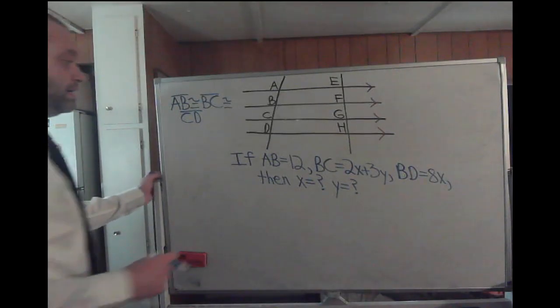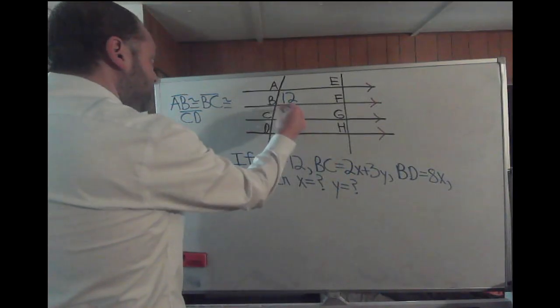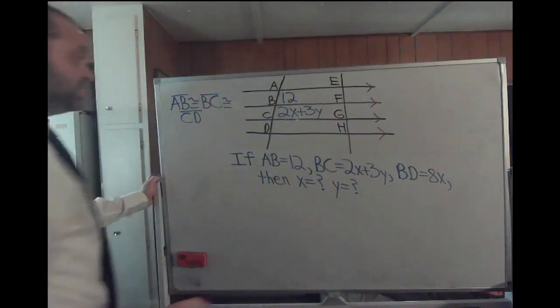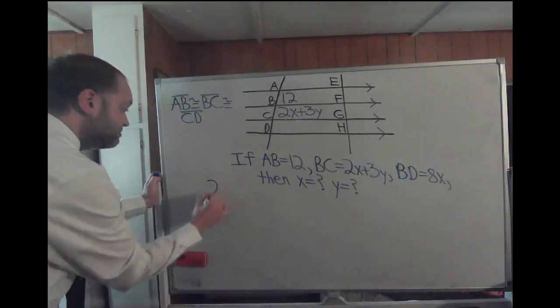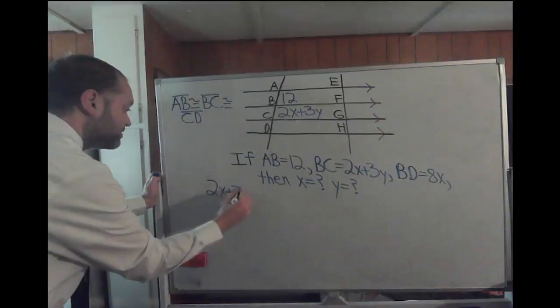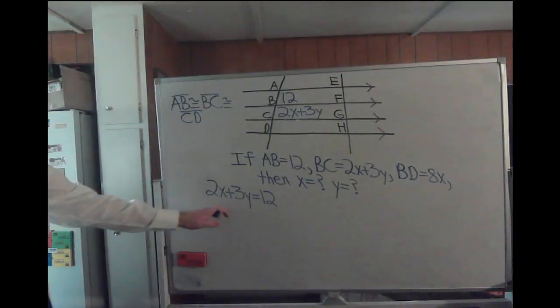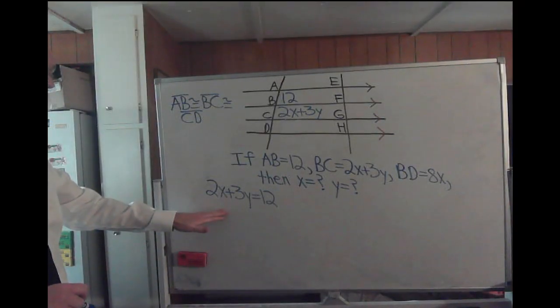Well, AB is 12, BC is 2x plus 3y, so I think it's safe to say we can establish our first equation in this system as being 2x plus 3y equals 12, right? We can definitely establish that as one equation in the system we're about to have to solve.